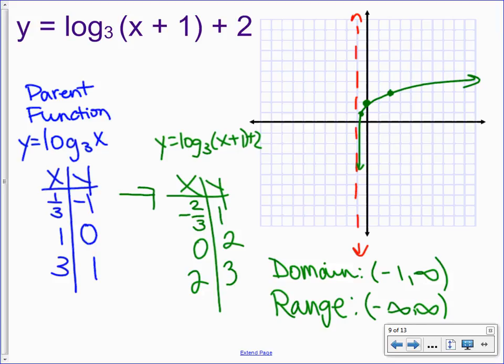Something that will be a part of your homework when you graph, they're going to ask you to find the x-intercept. So let's practice finding the x-intercept. X-intercept means what?